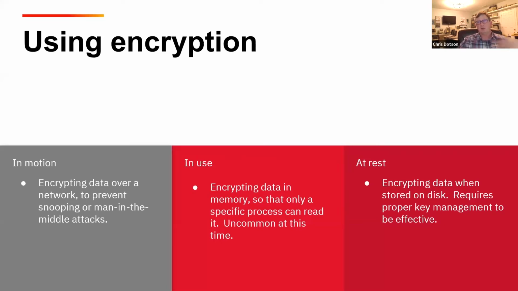If you get root access, you can usually just dump out all memory and see everything in it. This protects against even that attack because only that process has the decryption keys for those areas of memory. It does require support in the hardware, so it's not in super widespread use yet in cloud environments, although most cloud providers do expose it now. It's a matter of time before it gets more popular.